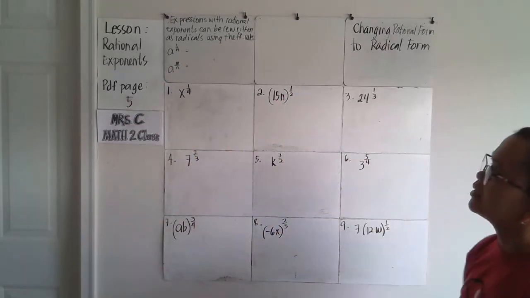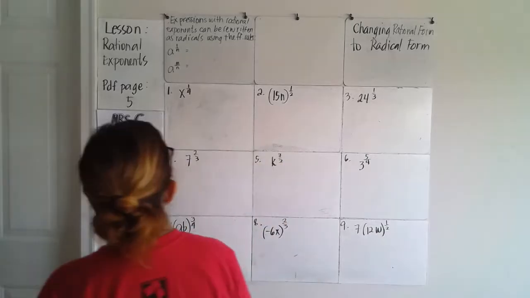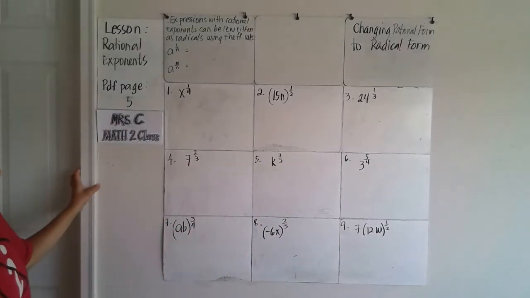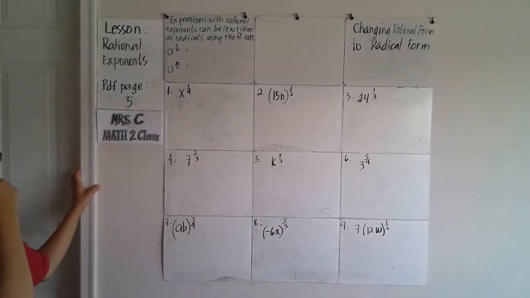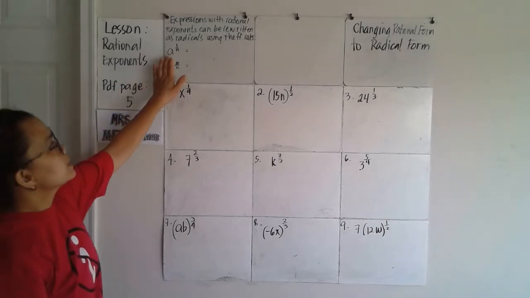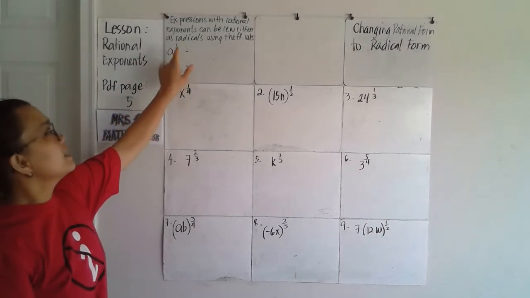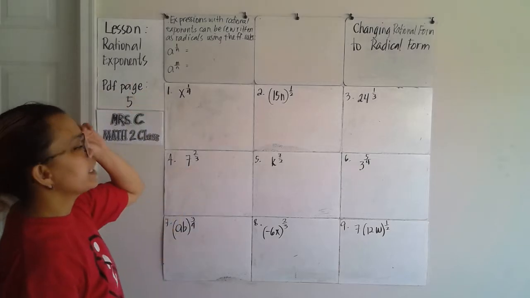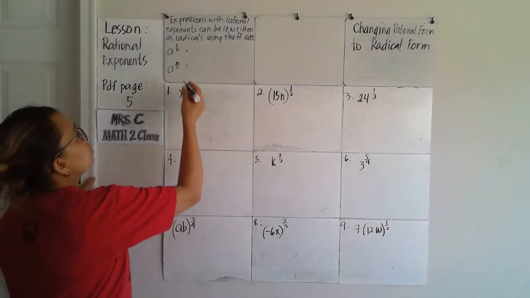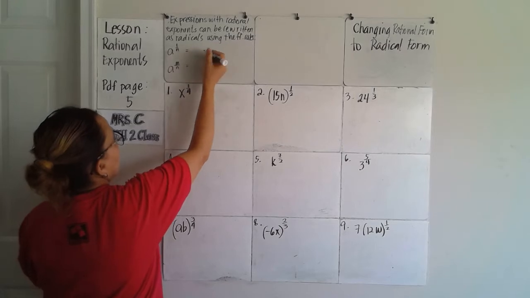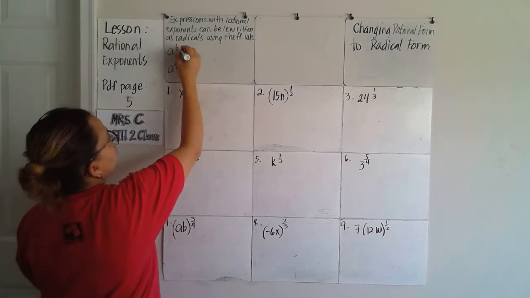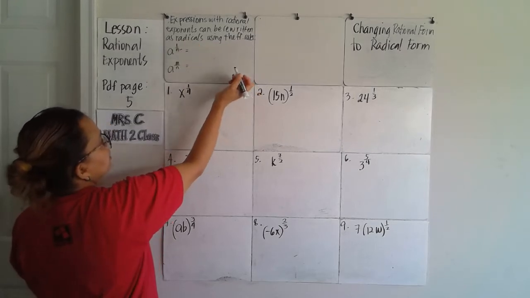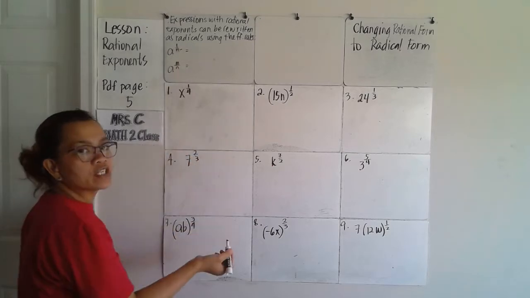Alright, to start with, expressions with rational exponents can be rewritten as radicals using the following rules. For example, you have a base of a, and the exponent is a fraction, 1 over n. So you can rewrite that by writing n as your exponent or your index, and 1 would be your exponent.